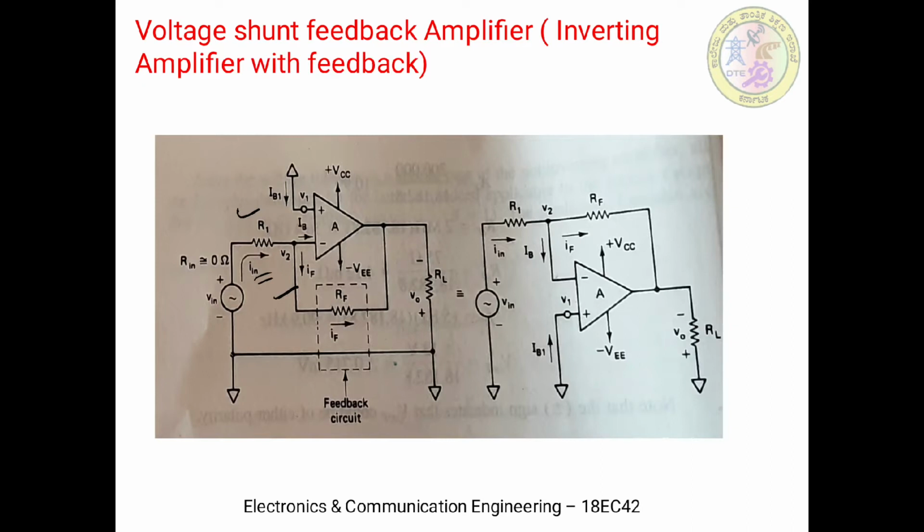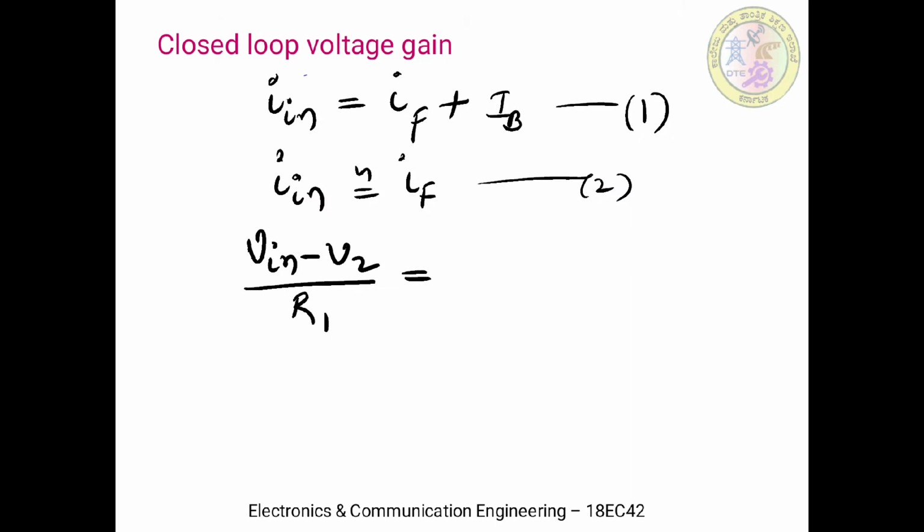IF is V2 minus V0, where at this point we have V0, divided by the feedback resistor RF. We'll call this equation 3.